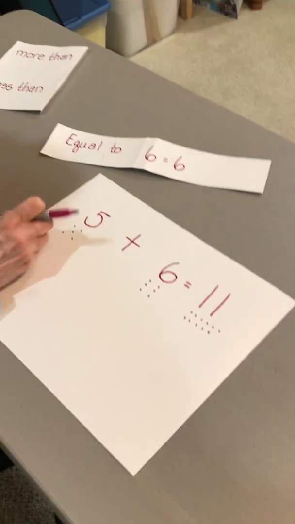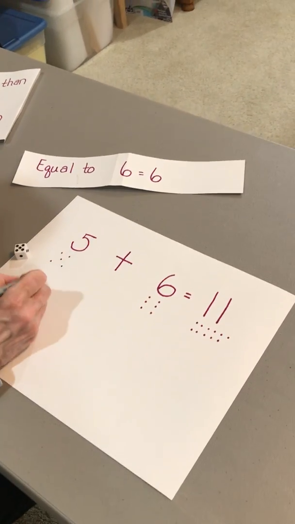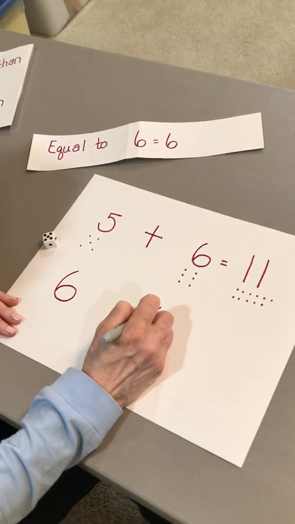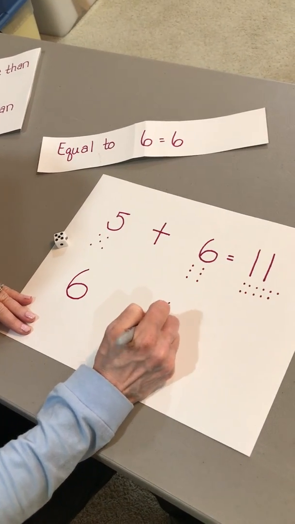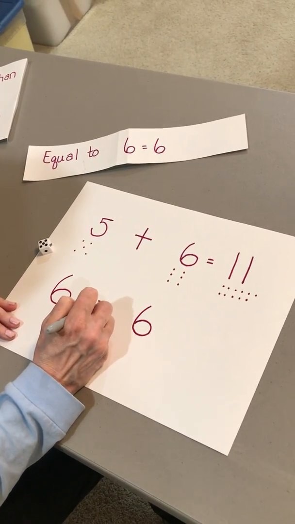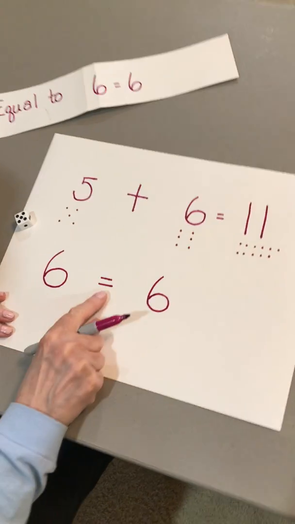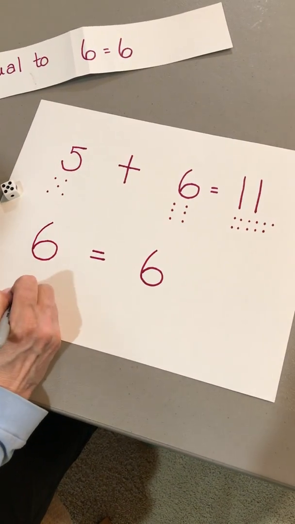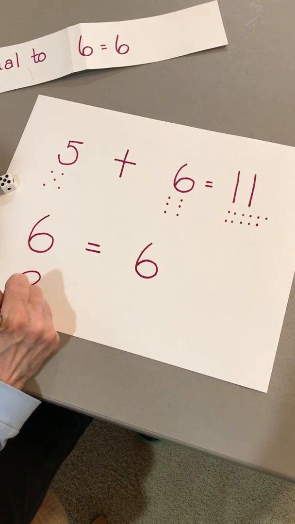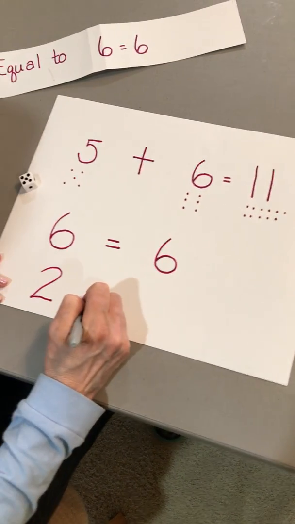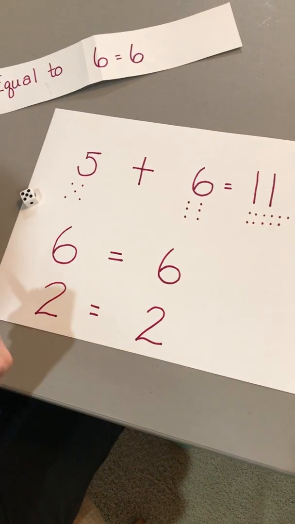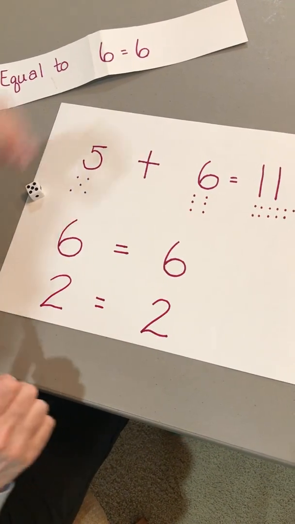So if I had 6 over here and I had 6 over here, we could say that 6 equals 6. And I could use that with any number. I could say 2 equals 2.